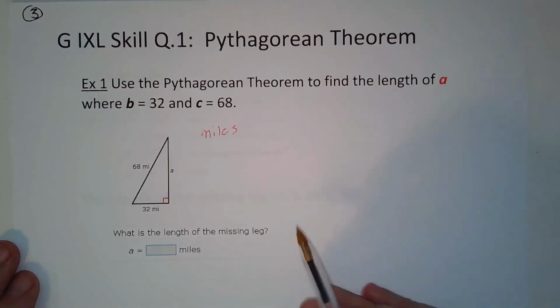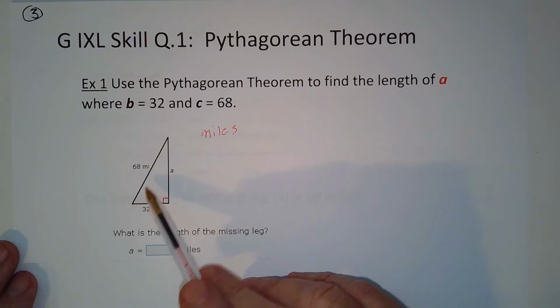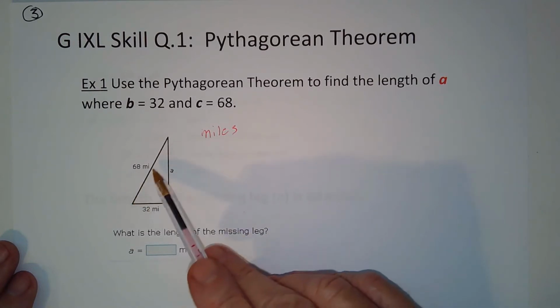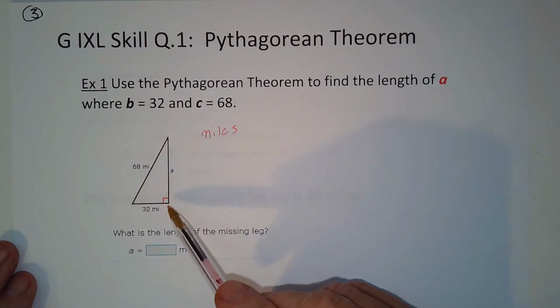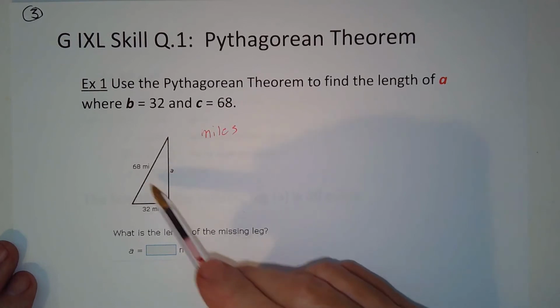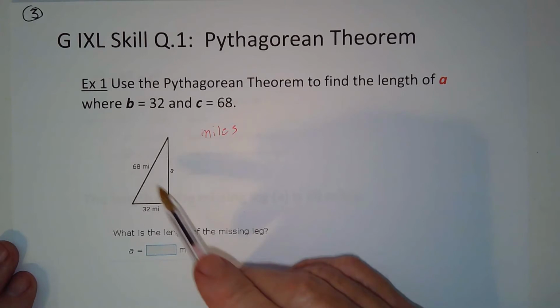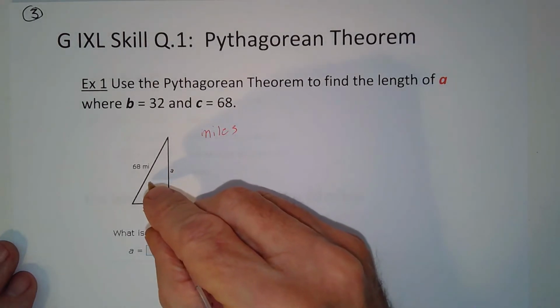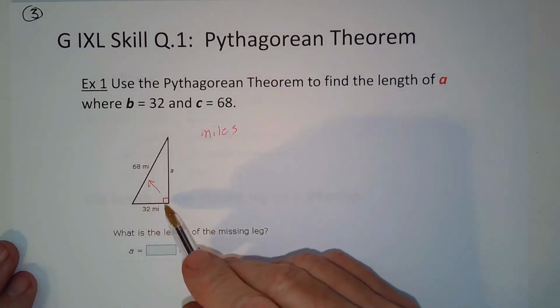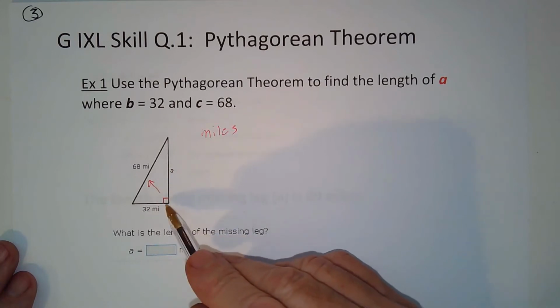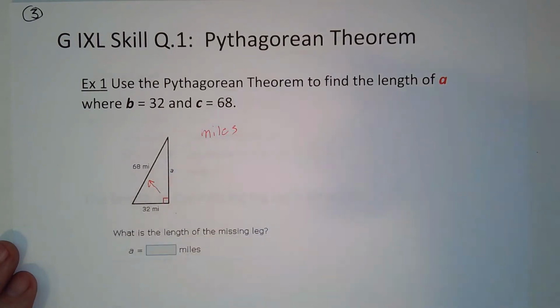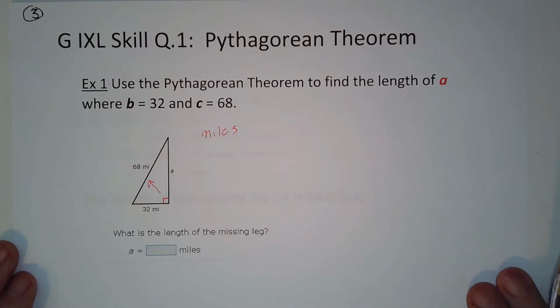And then the C is your hypotenuse. It's 68 miles. And if you notice, across from the hypotenuse, there's always the right angle of the triangle. So that's the way you can always make sure you know what's the hypotenuse. You look across from the right angle and you've got the hypotenuse. So what is the length of the missing leg? That's what we're going to cover.